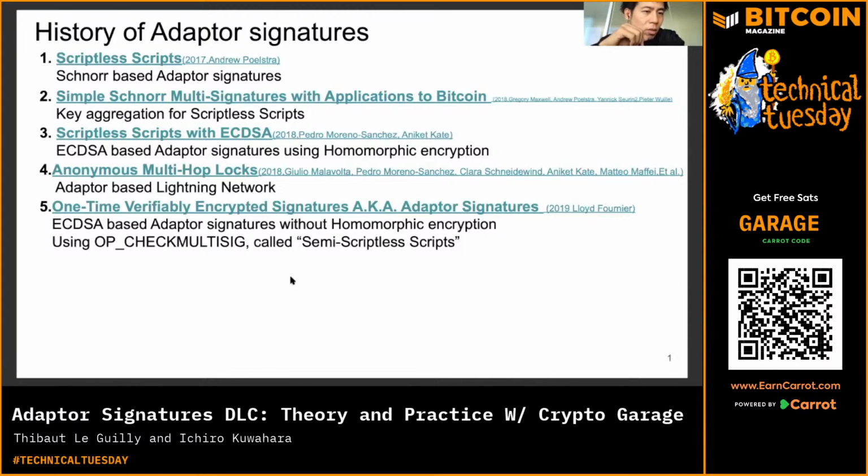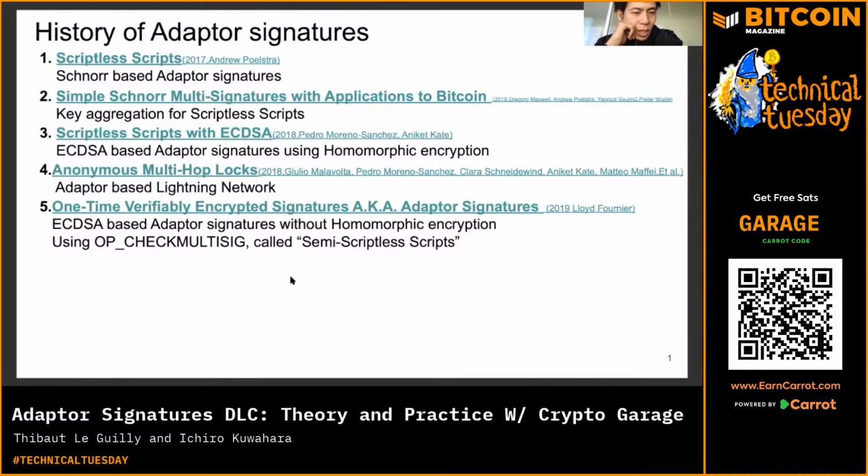Then secure key aggregation for Schnorr signatures, called MuSig, was published in 2018. And then an ECDSA-based adapter signature using homomorphic encryption was proposed in 2018. With this protocol, we can implement it right now because it is based on ECDSA signatures.